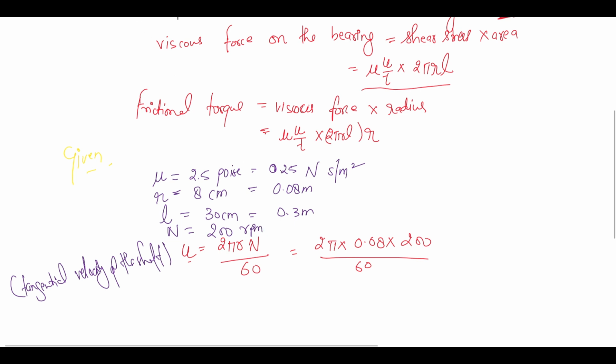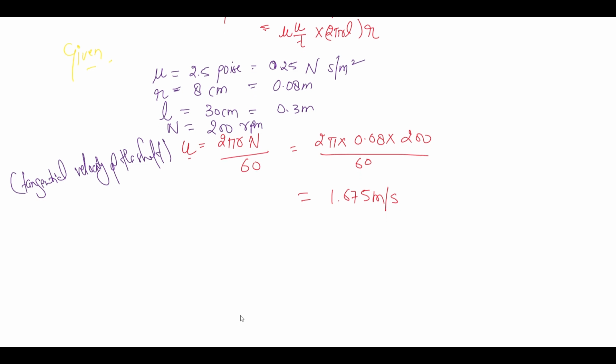After calculating all these values, I find 1.675 meter per second. It is the tangential velocity of the shaft.